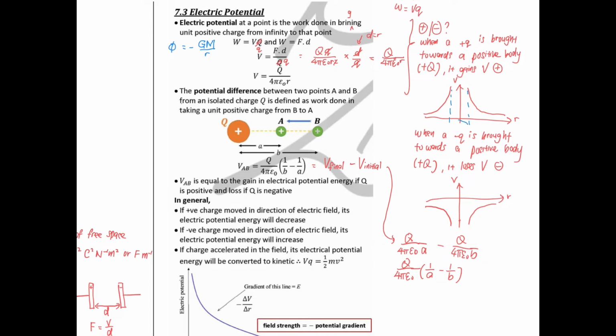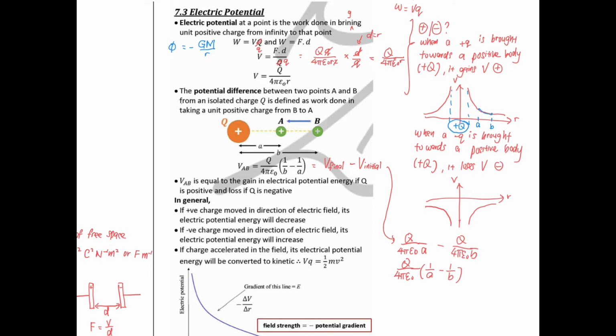That's the positive Q. Let's say point B is somewhere just here. Point A is somewhere here, nearer. So let's put it in the graph. Point B is here, point A is here. So from point B, it moved to point A.